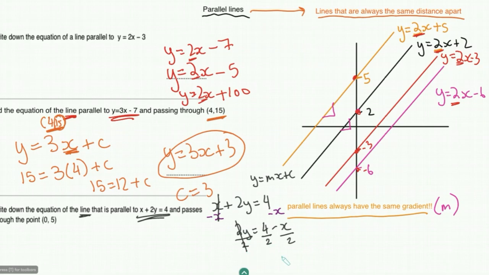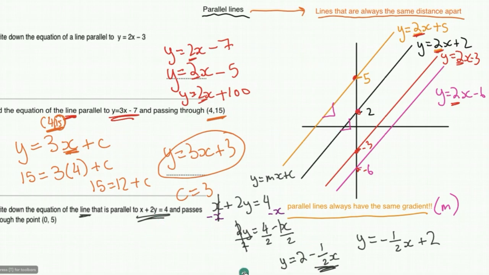So that cancels out. So it's going to be y is equal to 4 divided by 2 is 2. X just means 1x. So 1 divided by 2, we just leave it as half, negative 1 over 2x. And let's rearrange it so the gradient is in front. So we can write it as y equals negative half x positive 2.